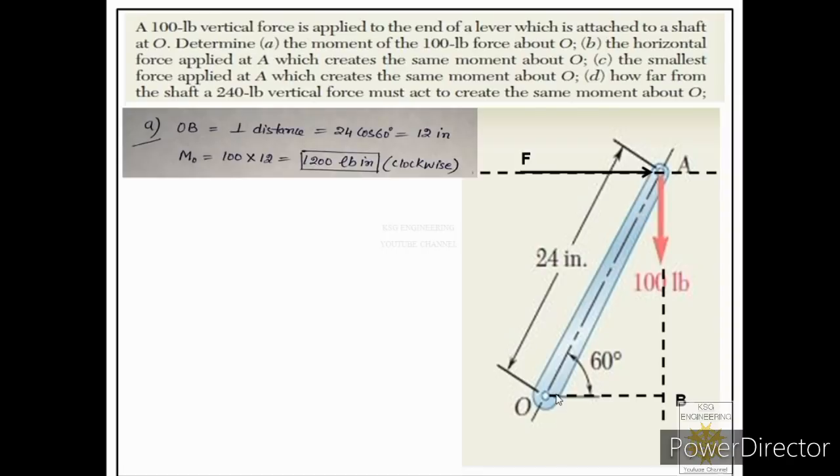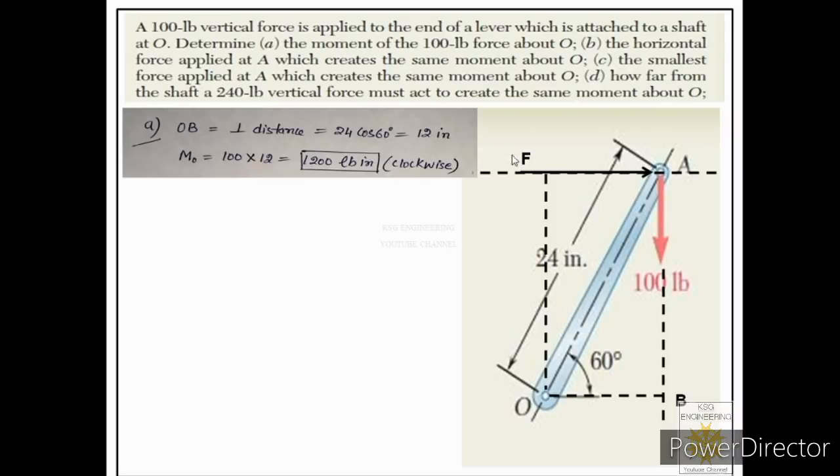From the moment center, we will drop a perpendicular onto this line of action of the force. So this is the moment arm for this force, and this moment arm is actually AB. So AB and this length both are the same.